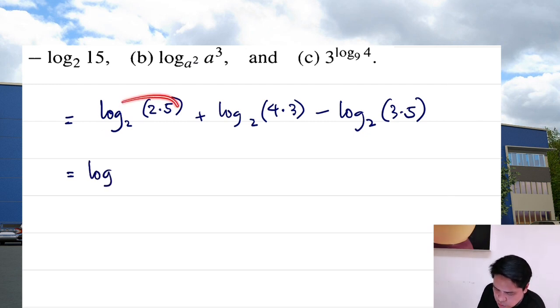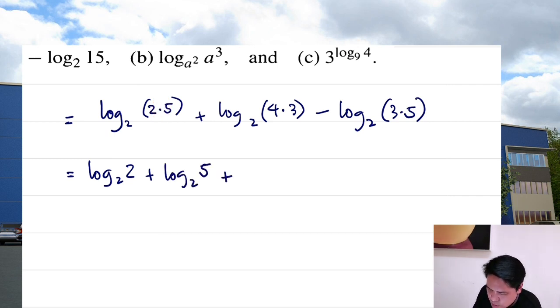So eto, we could expand this further. That would be logarithm of 2 to the base 2 plus, kasi multiplication siya, so we add logarithm of 5 to the base 2. Then plus, eto, multiplication pa rin, so we add, pwede nating expand ulit. So logarithm of 4 to the base 2 plus logarithm of 3 to the base 2.